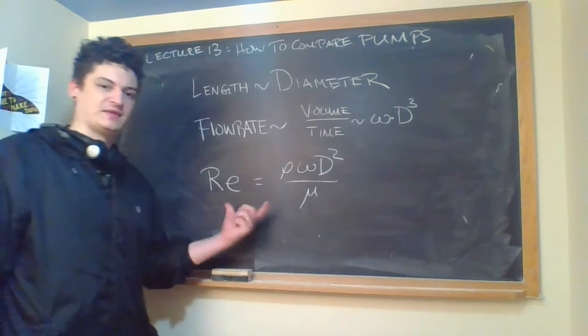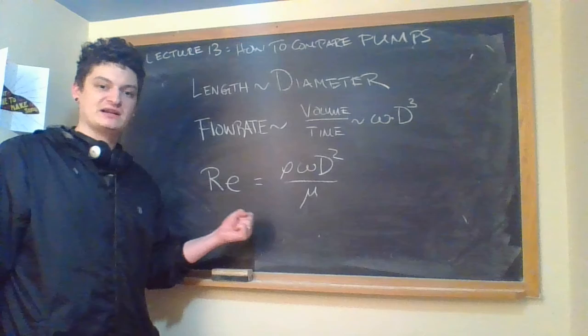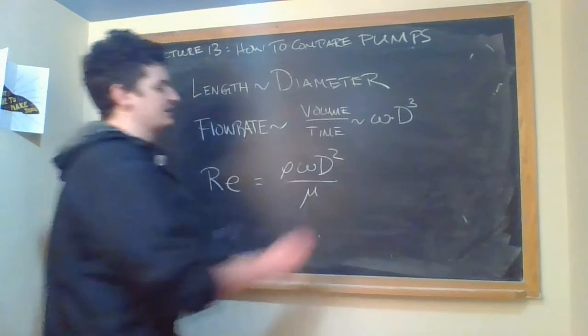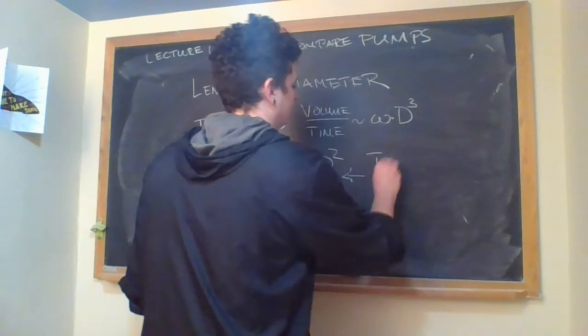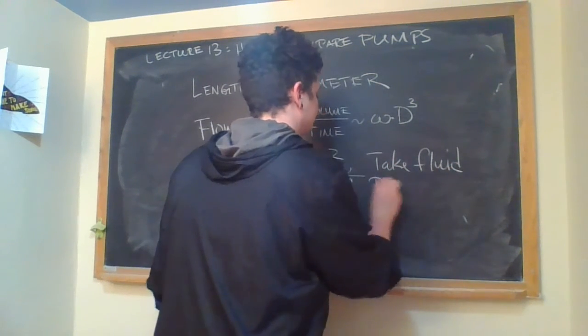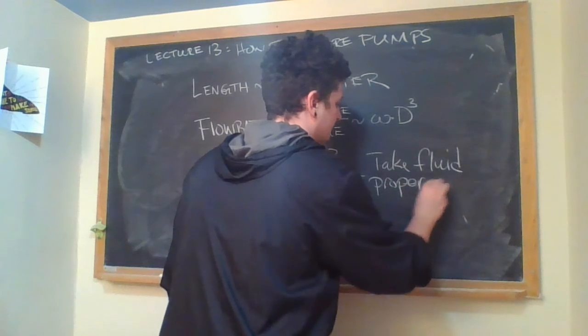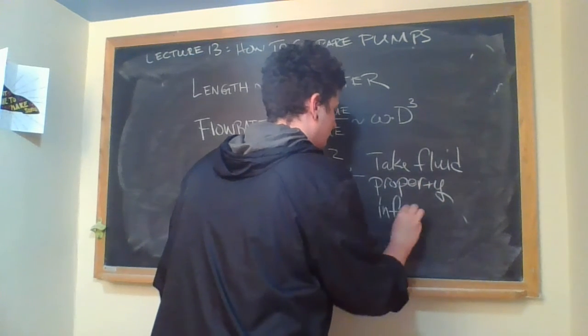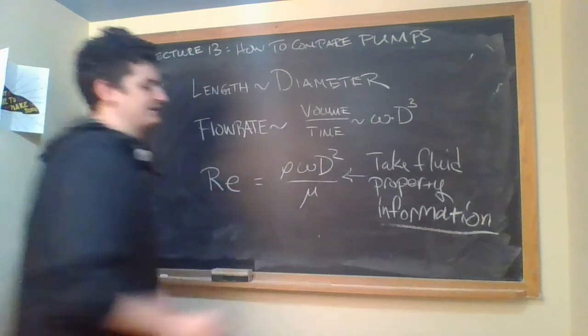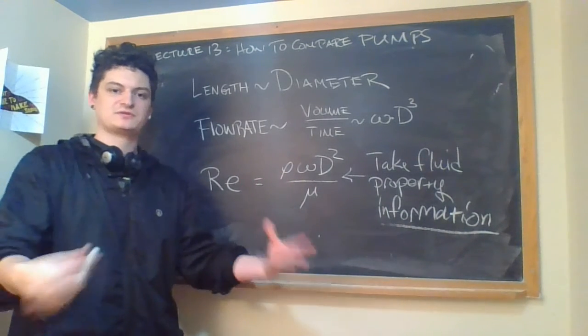An important part about this that's coming into play for your independent variables in your pump design is that this is taking in the information of the fluid. That is critical because it's the only thing we actually have that's measuring those properties.